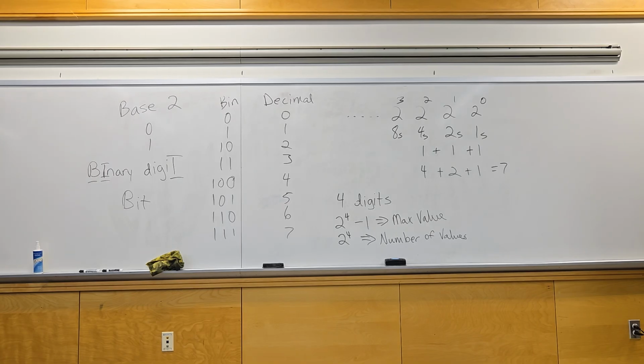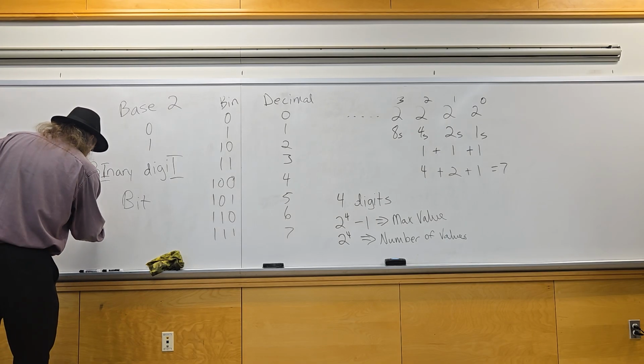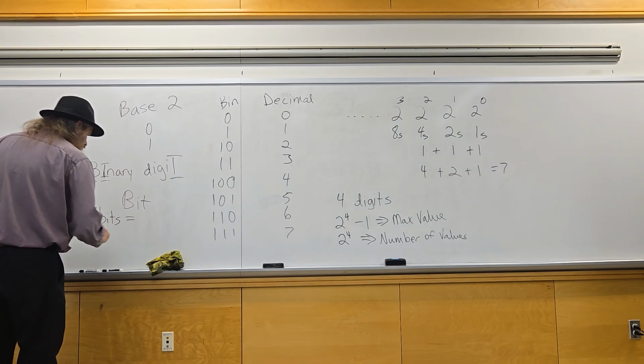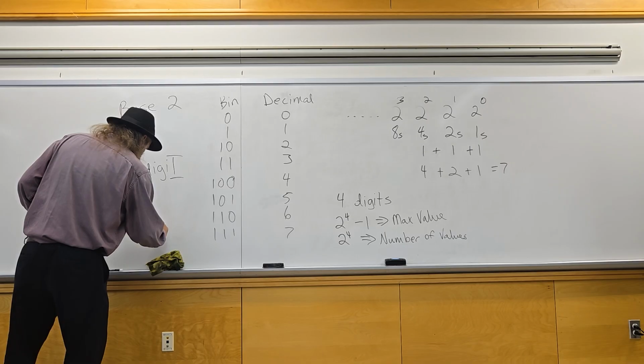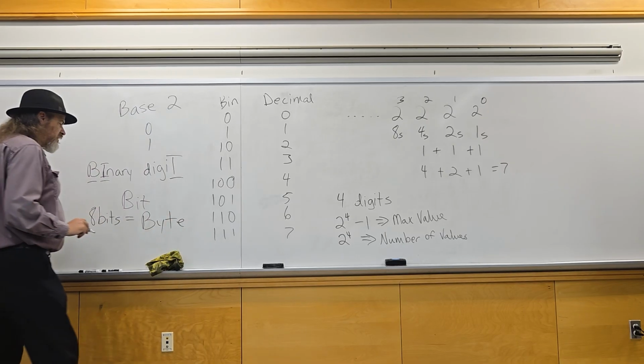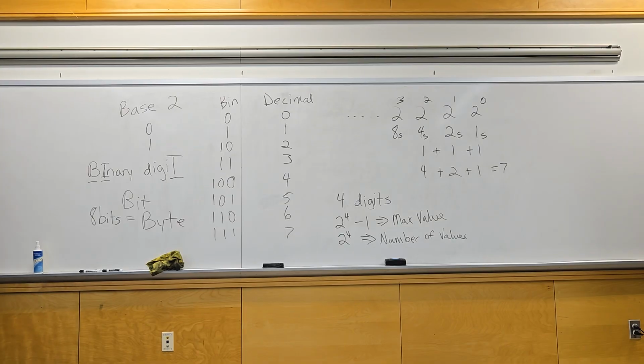Computer scientists are often lazy, and rather than writing out binary digit, shorten it to bit. 8 bits is a byte. A long sequence of bits makes a byte.